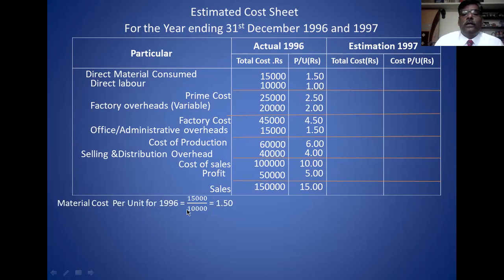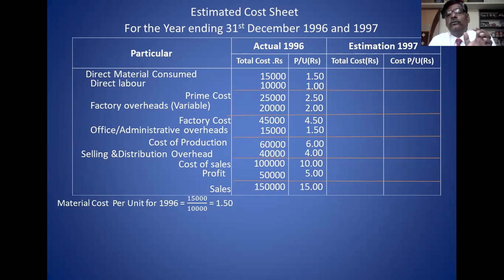Material cost for the year 96 is 1 rupee 50 paise, 15,000 divided by 10,000. Then this cost will increase by 33 1/3%. You remember this point: if there is an increase in the percentage, you add it to the 100. If there is a decrease, you deduct it from the 100 and take that as the numerator.